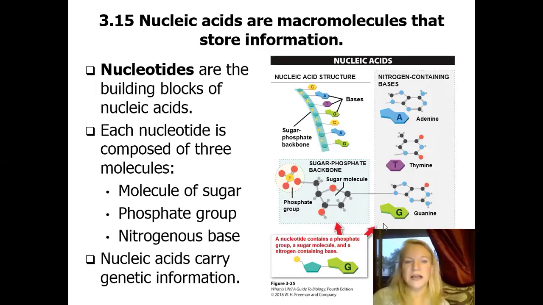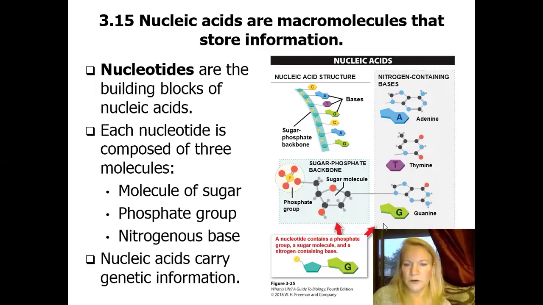Last part, nucleotides. So those are our nucleic acid macromolecules, DNA and RNA, which store our information. They're kind of like our cookbook of all the recipes of what's needed in our body, all the recipes for all those proteins that we are talking about. And then the RNA kind of helps as a translator.